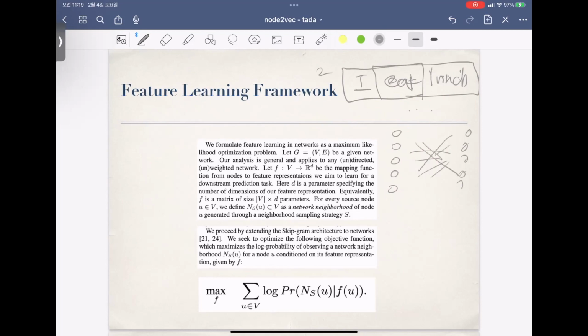assume these are edges and other nodes in the deep learning network. We're going to set each of the words, "I", "ate", "lunch", and many other words.